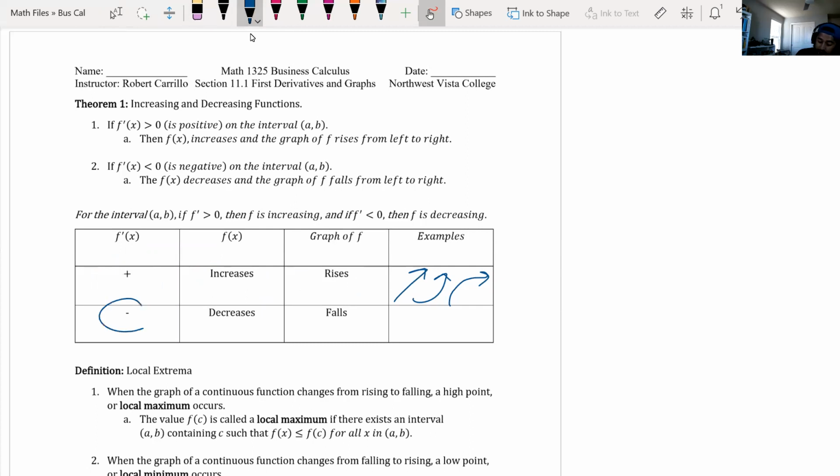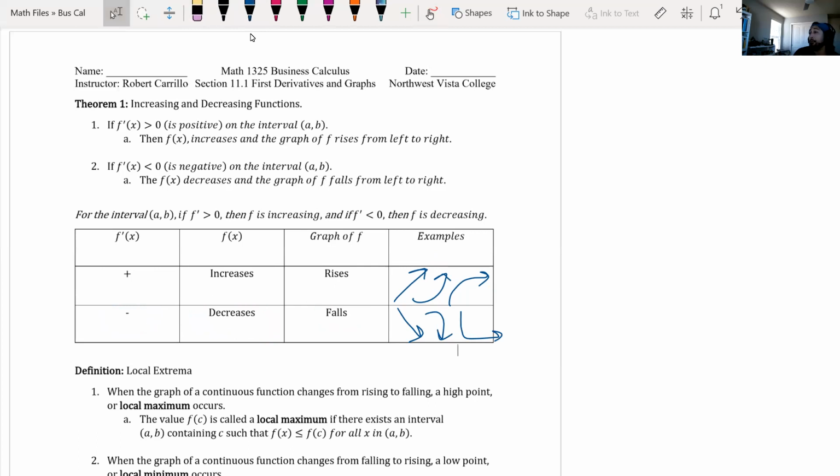So again, if the derivative is negative, then the original function decreases and the graph will fall. So examples of a falling graph, basically take this box and flip it over. So you'll have a graph that falls down to the right, curves down to the right, or curves under and to the right. So these would be examples of a decreasing graph.